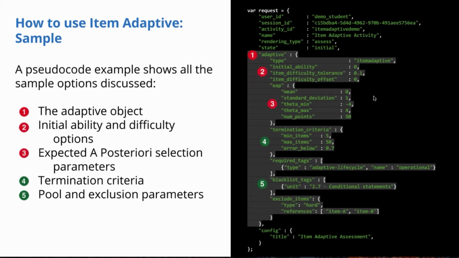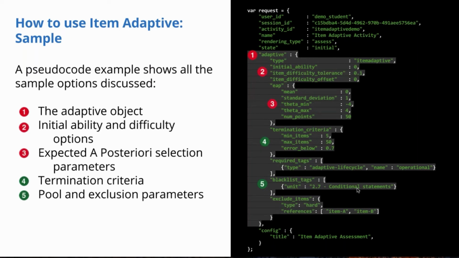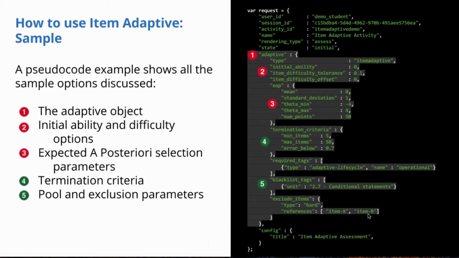Then we have a termination criteria set up for, as we showed you just a moment ago, a minimum of 5 items, a maximum of 50 items, and then an error threshold of 0.7 for potential early termination. And then finally, for item selection, we have a required tag set of adaptive lifecycle operational, a blacklist tag set that says anything with a tag unit 2.7 conditional statement should be excluded from this particular assessment, and then a manual exclusion of item A and item B, so that no matter what happens in our selection algorithm, you want to exclude those items full stop.